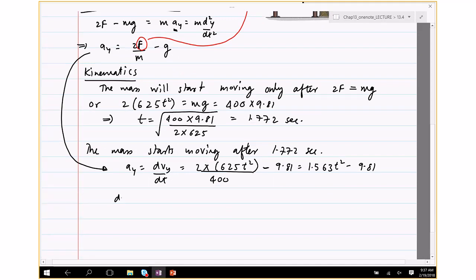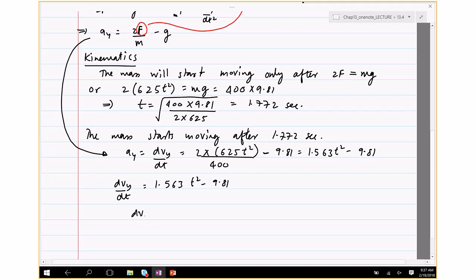So dVy dt equals 1.563 t square minus 9.81. So dVy is 1.563 t square minus 9.81, the whole thing times dt.